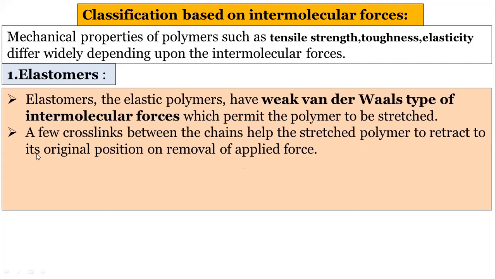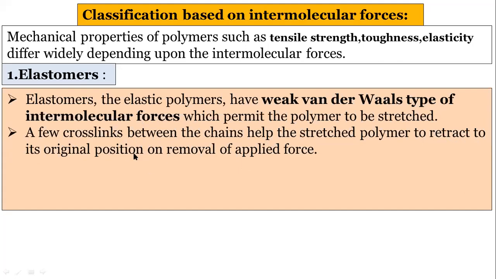Because a few crosslinks are present in the chains. You know about crosslinks; I already explained in the crosslink polymer. So some crosslinking is present in the elastomers, and it helps the stretched polymer to retract to the original position.